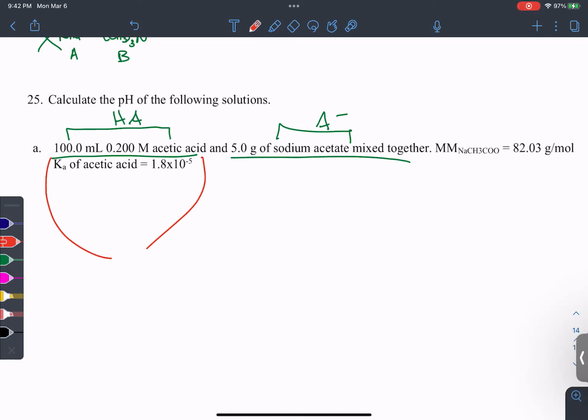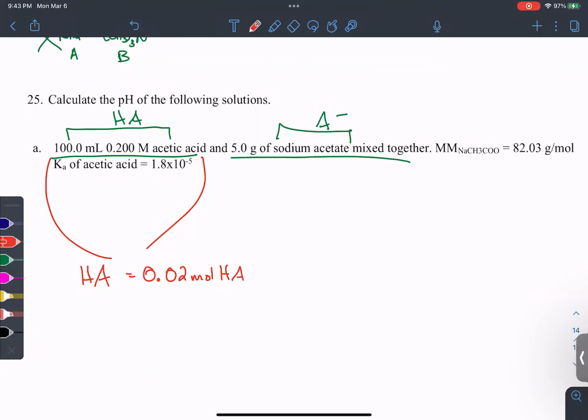So given the concentration and volume of acetic acid, how many moles is that? So 0.02 moles of HA, is that right? Okay, and then of sodium acetate, how do I figure out the mole amounts? I give you gram amounts, so we haven't done one of these in a while, right?